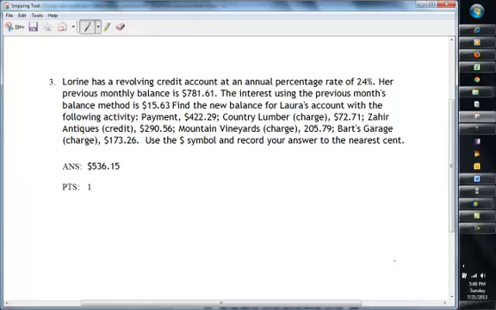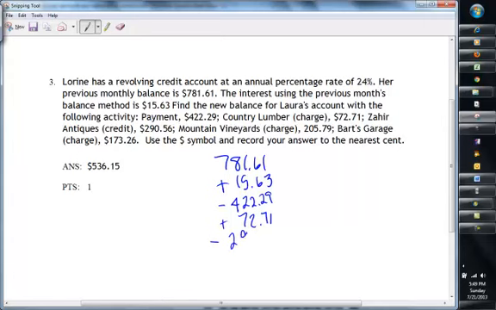So, she had $781.61 plus the interest, $15.63. Subtract the payment, $422.29. Add the $72.71.